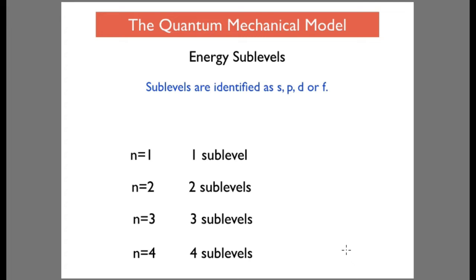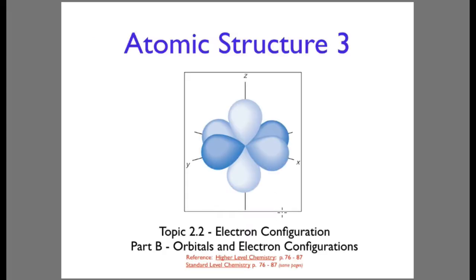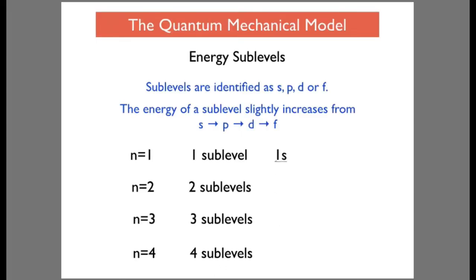Sublevels are identified as S, P, D, or F. And the energy of sublevels slightly increases as we go from S to P to D to F. In the first energy level, we have 1s. In the second energy level, we have 2s and 2p.